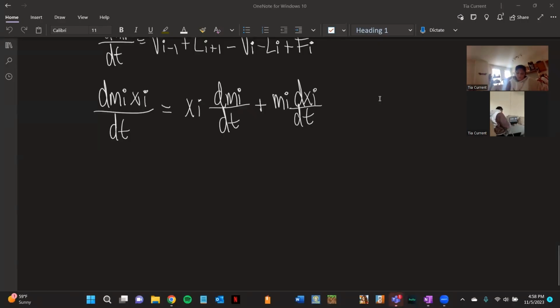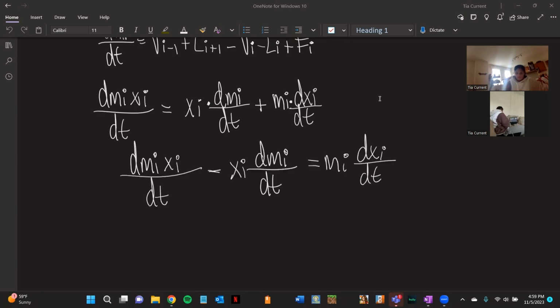And then we want to get the change of the component over time by itself without the mi. So d mi xi over dt minus xi dmi over dt is equal to mi dxi over dt.